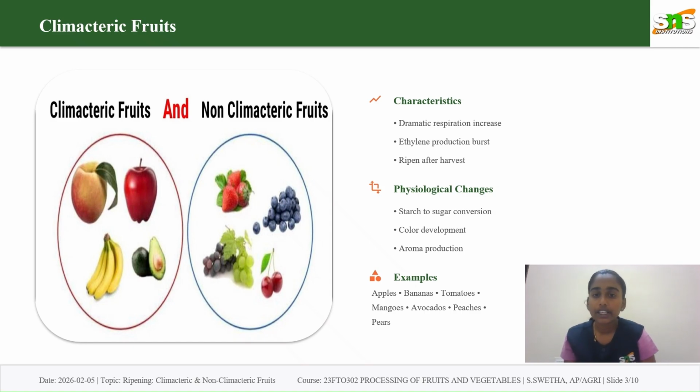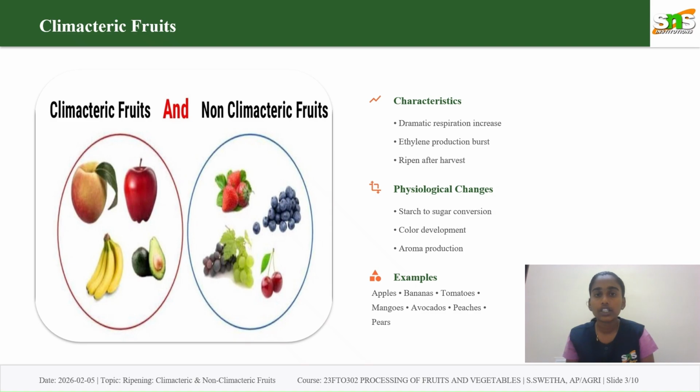Climatic fruits have characteristics like an ethylene production burst, ripening after harvest, and a dramatic increase in respiration. They also have physiological changes like starch to sugar conversion before ripening. The sugar in fresh fruits is in the form of starch, and only during the ripening stage is it converted into sugar, which gives a sweet taste to us.